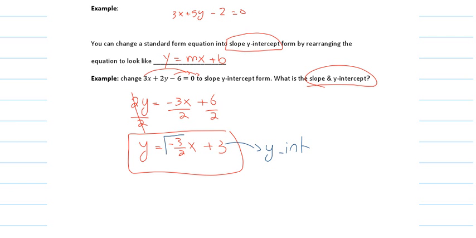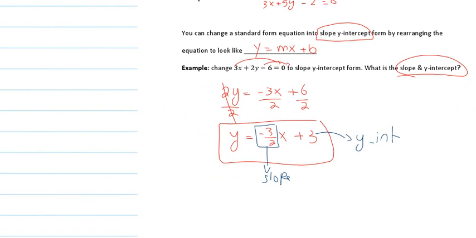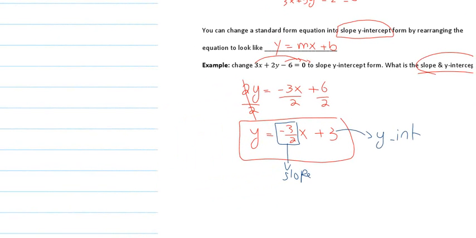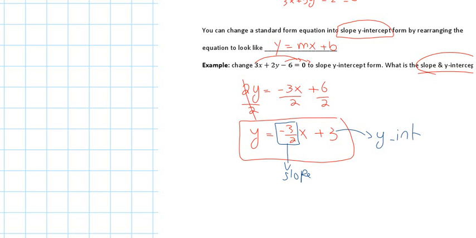This is the slope. So, if I want to graph this, now it's easy. All I have to do is find my y-intercept, which is at 3. And then I go down 3 over 2, right? So down 1, 2, 3, over 2. So this is where my next point is, right?